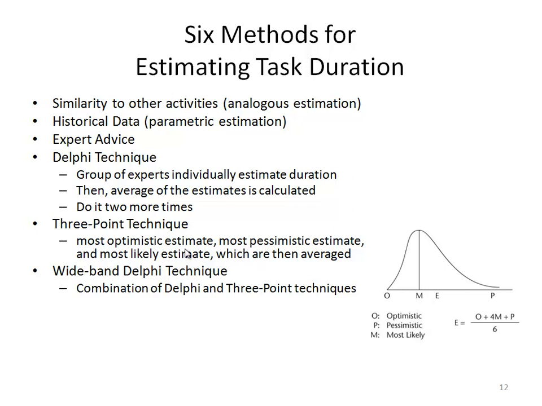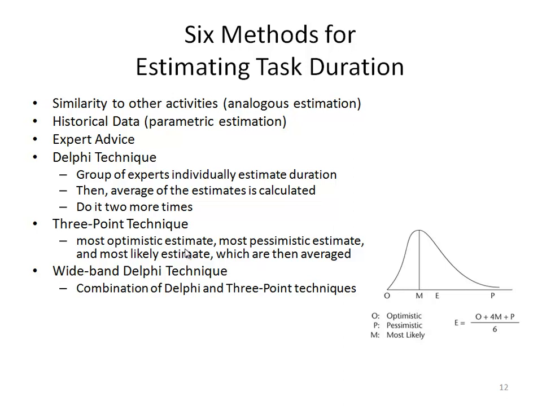Then we can also use expert advice. A 4th method is the Delphi technique, in which a group of experts individually estimate duration. Then we take the average of the estimates of this group of experts, and we can repeat that again until we get the proper estimate.